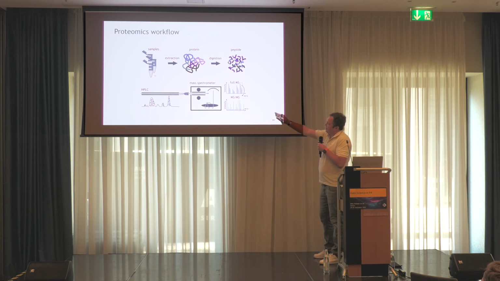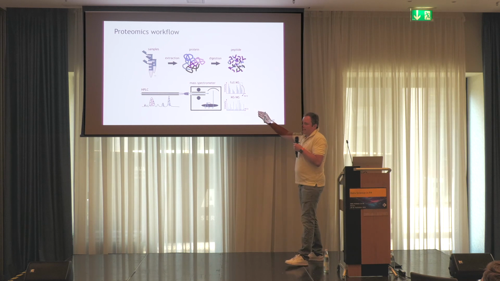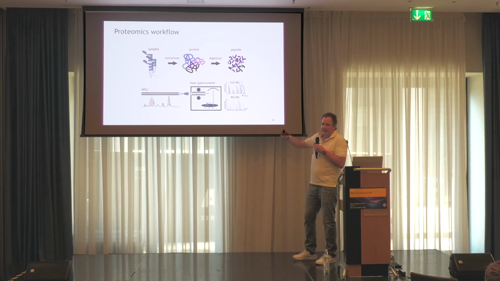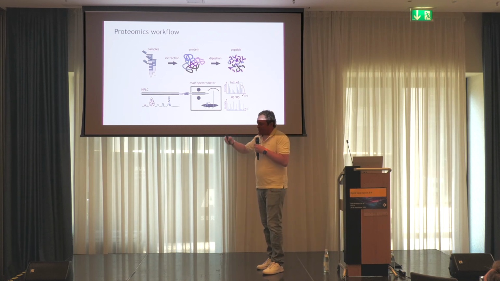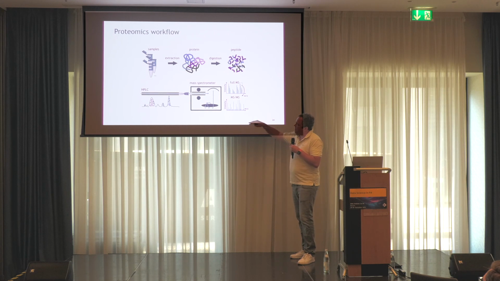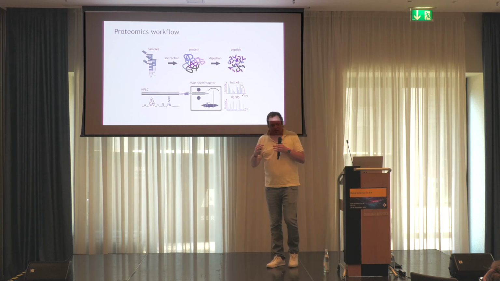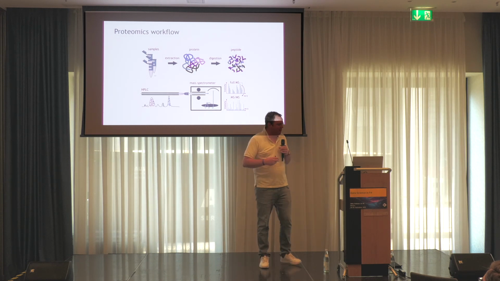The classical thing is that there's a sample with thousands, like 50,000, proteins in it. They are extracted in the lab, so you have a mixture of proteins. Then you add another protein on top, which chops the proteins into pieces. The pieces are called peptides, and they are injected into the mass spectrometer, which is like a scale in vacuum.